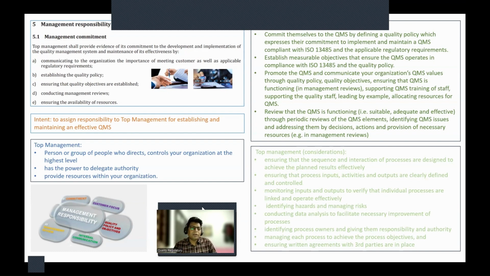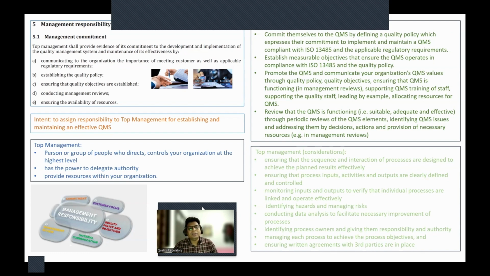They have to establish the quality policy, emphasize it among the organization, and communicate it. They also have to ensure the required quality objectives are established and followed, and from time to time review whether the quality objectives are met or not.